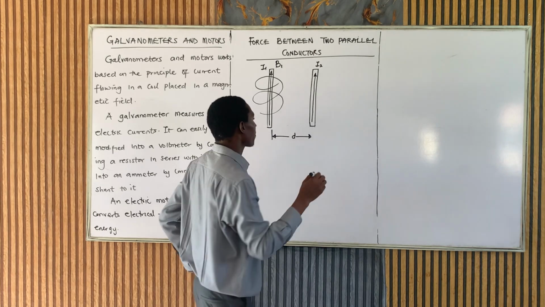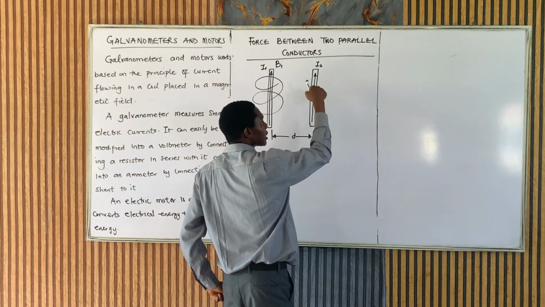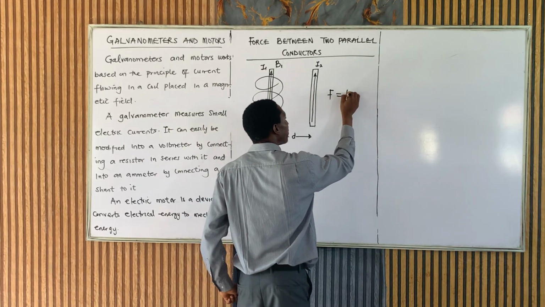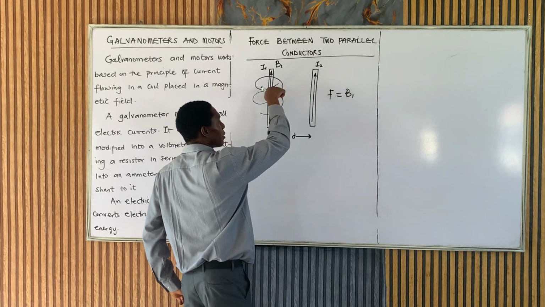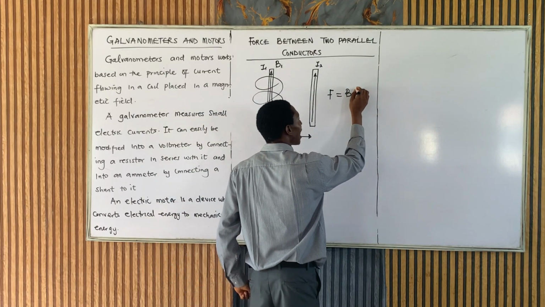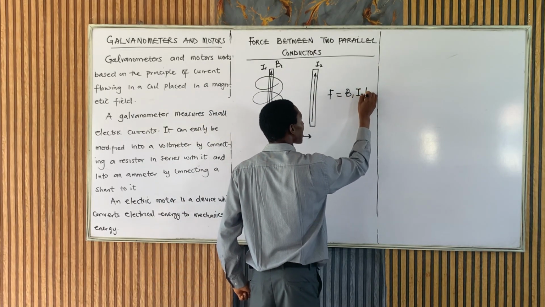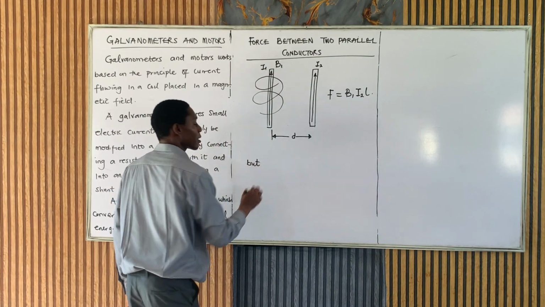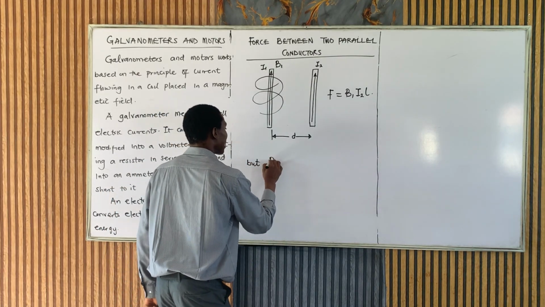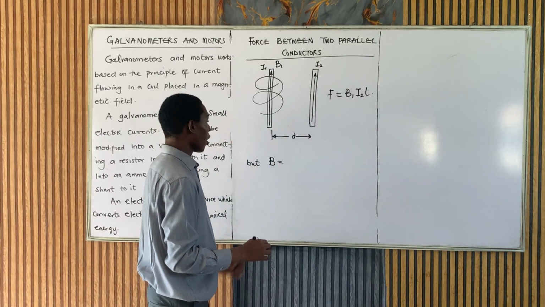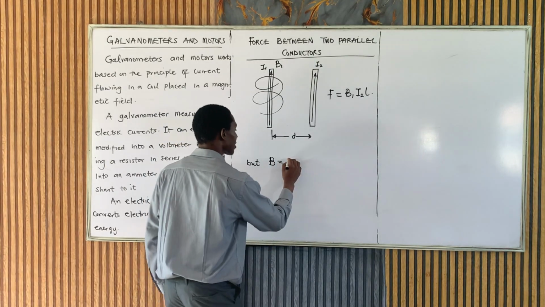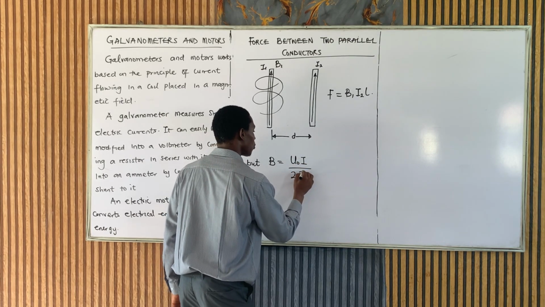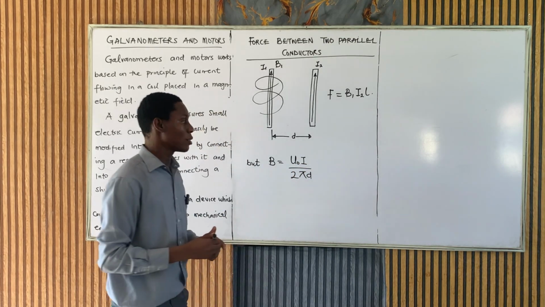We can then say that the force on this conductor will be F equal to B1, which is the field of this, times I2 times L. But we've said initially that the magnetic field on a long conductor or wire is given by mu naught I over 2 pi, times the distance to the field.